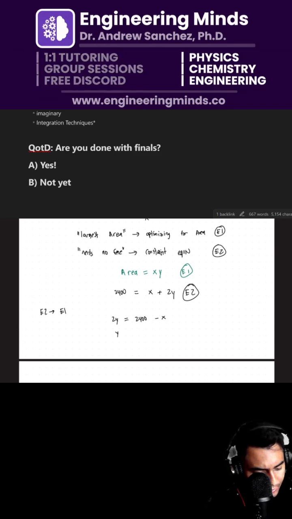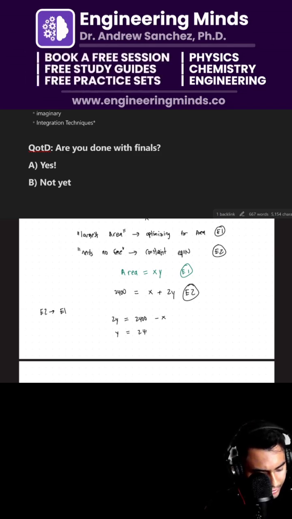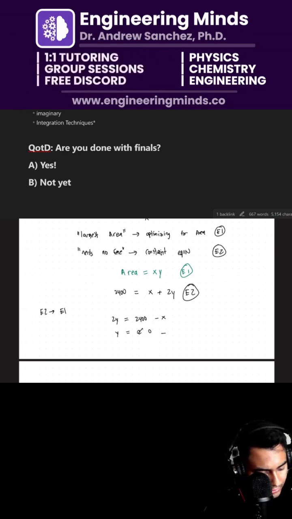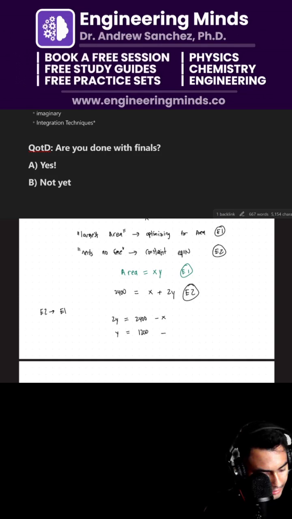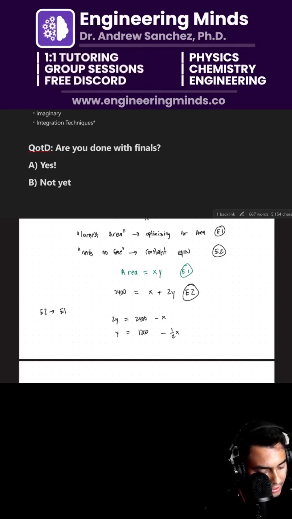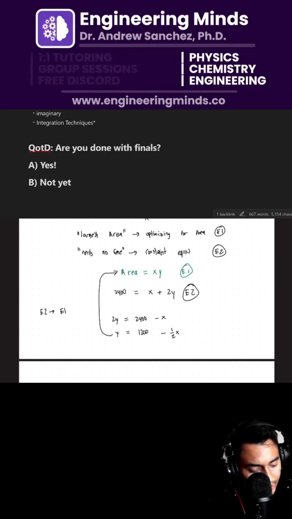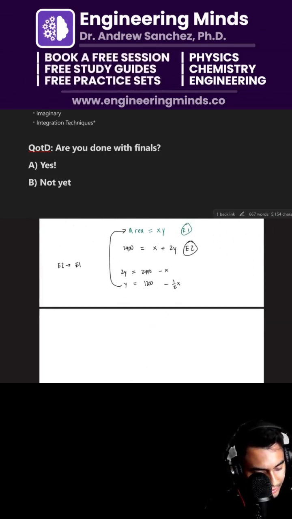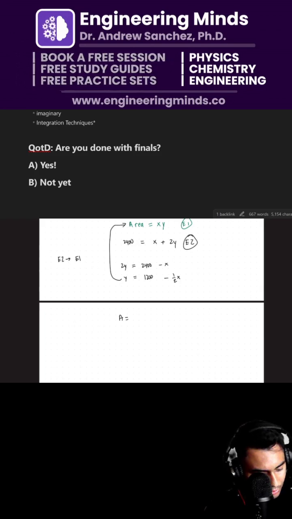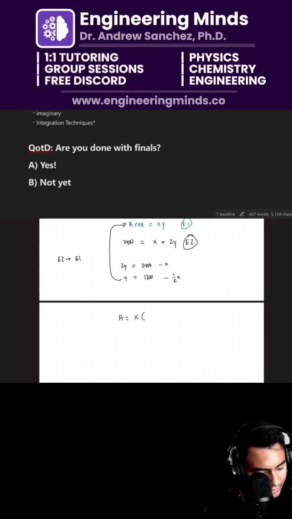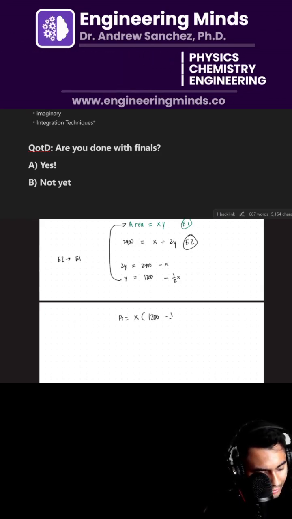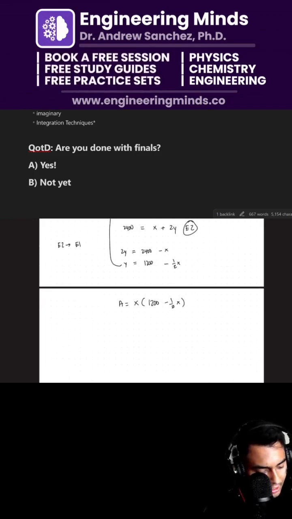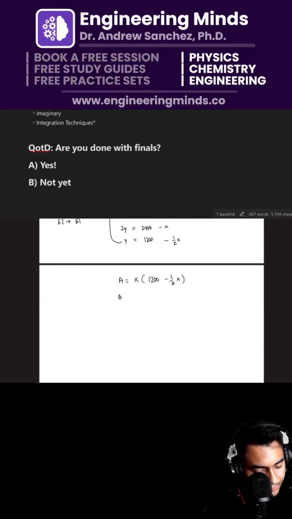Technically, it doesn't matter if I solve for x or y, but that's just kind of the standard that I chose. 2,400 divided by 2 is 1,200, minus 1/2 x. Okay, so now I'm going to plug this equation into my equation 1 and then write that in terms of area. So area equals x times y, but y is now 1,200 minus 1/2 x, right? So now I'm ready to differentiate that.